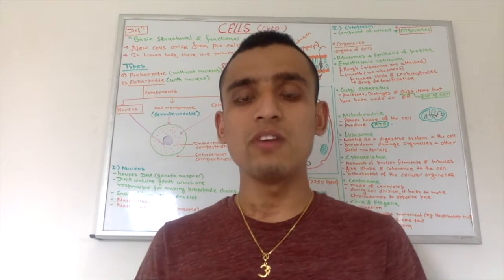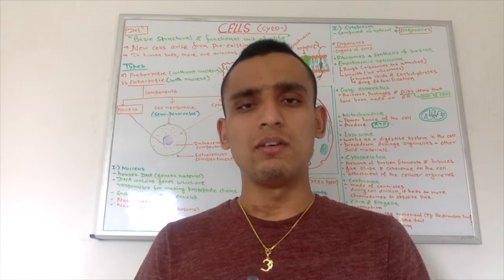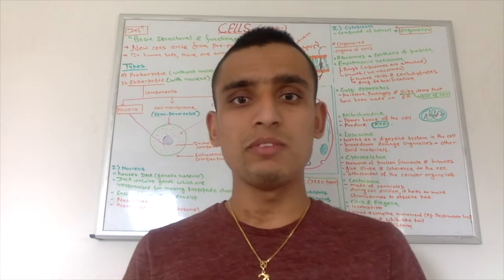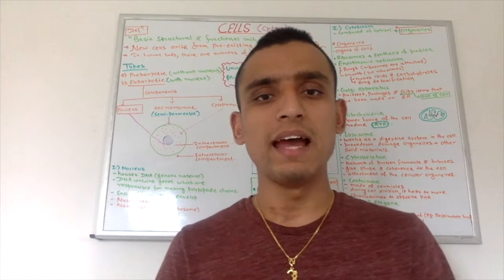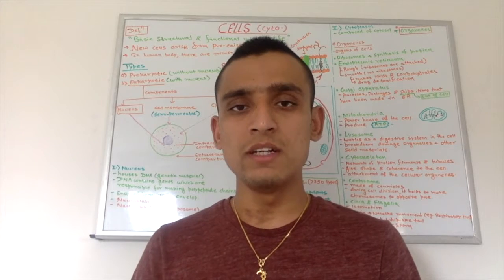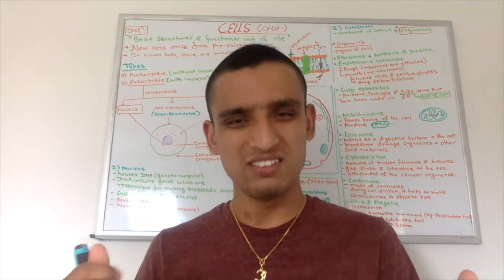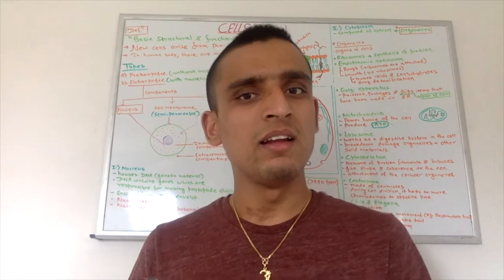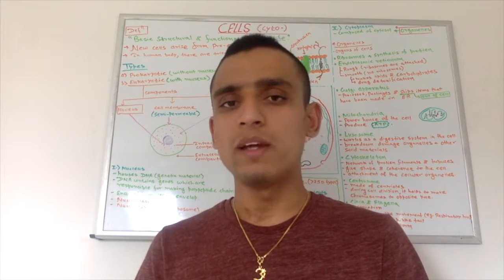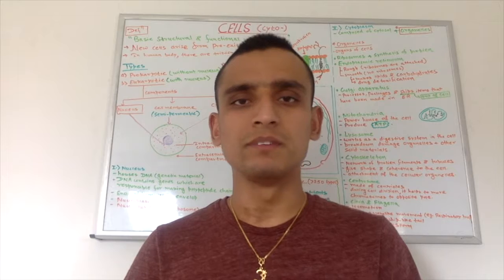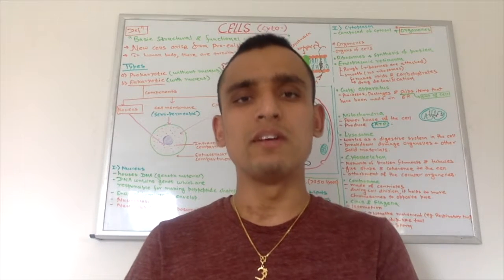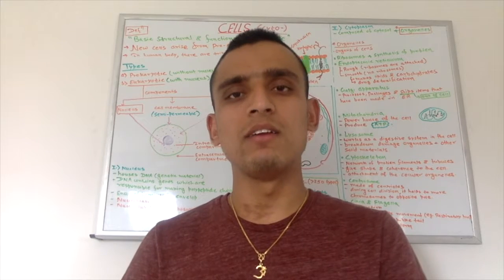Other examples are sperm cells, which you need during reproduction, and fat cells for the storage of nutrients. These are some of the cells which are very important for life function. So cells are the basic and functional unit of life. We need cells to survive.